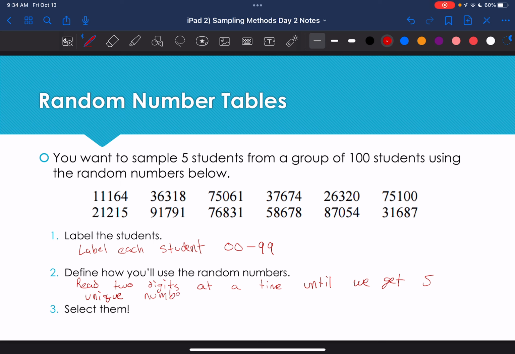And unique is important, because if I got 36 twice, I don't want to use the same person. So saying unique says I'm going to ignore repeats. I'm going to write that in parentheses so you know what I mean when I said unique. These 5 students are the sample.